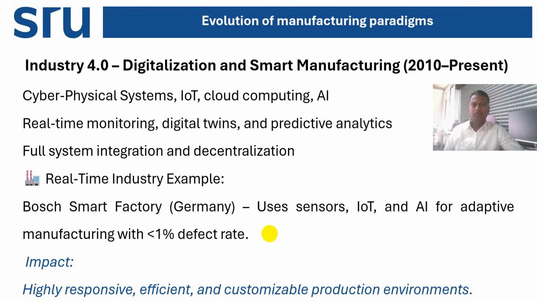During the running time of machining, it verifies its own defectiveness and takes the decision, minimizing those issues during manufacturing. It results in highly responsive, efficient, and customizable production environments.